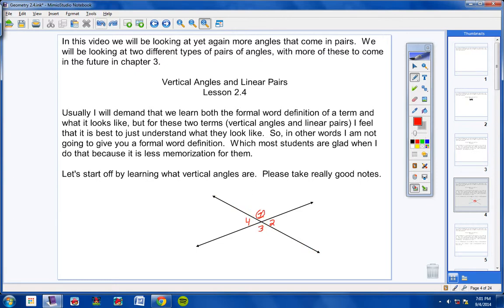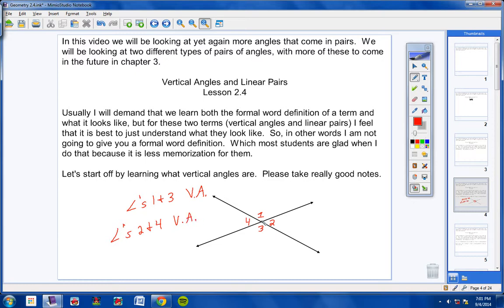Well, vertical angles are when two lines intersect. So first of all, you have to have two lines intersect, but they're the angles that are across from each other. So we would write angles 1 and 3, I'm going to put VA for vertical angles, are vertical angles. And angles 2 and 4 are vertical angles.